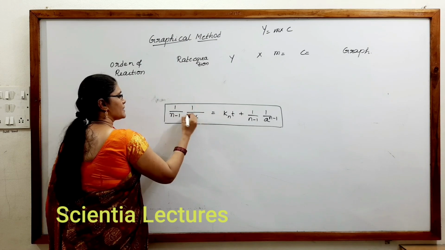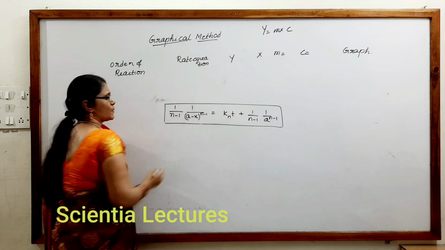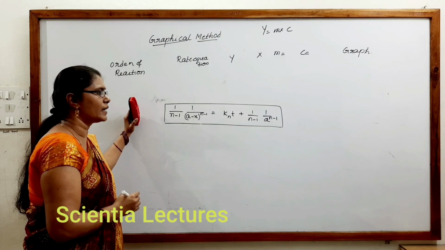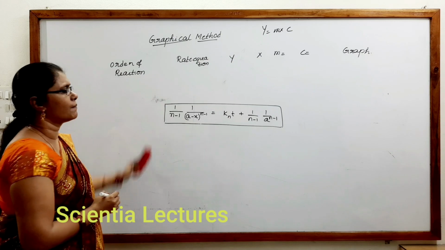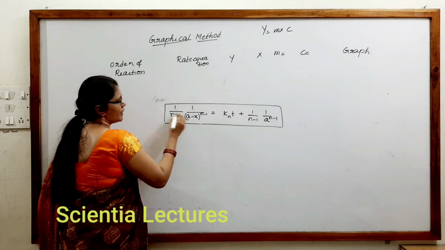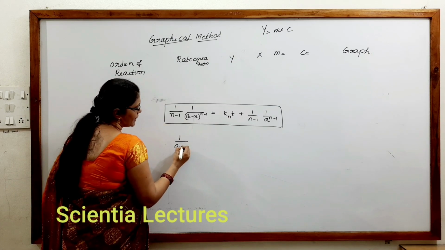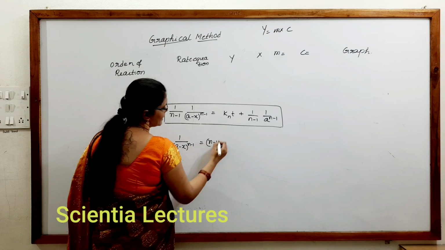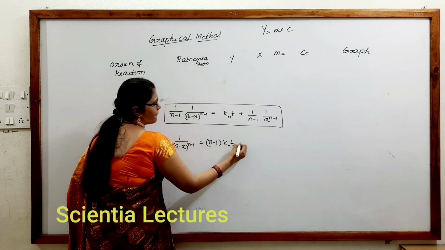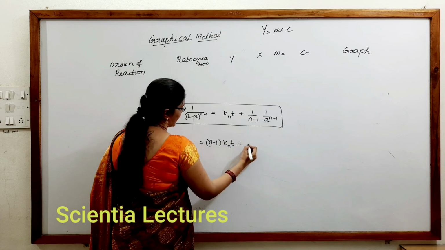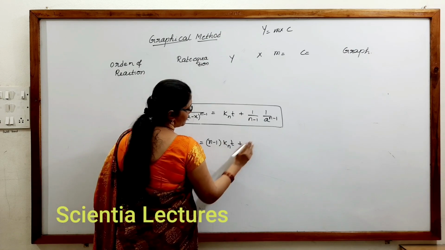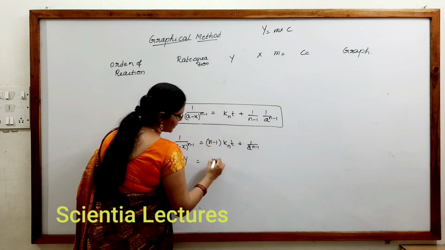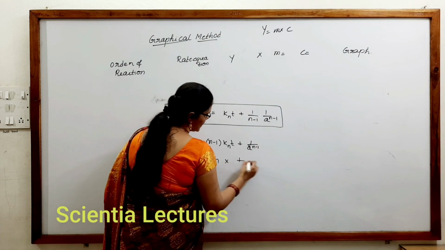1/(a-x)^(n-1) is equal to (n-1)knt + 1/a^(n-1). This is taken as y = mx + c.